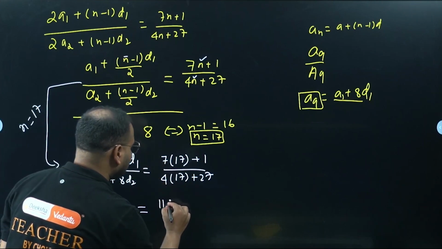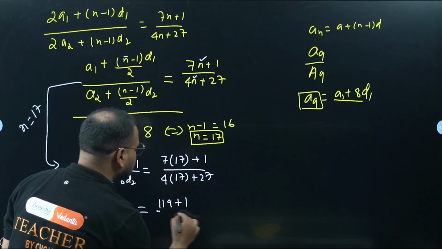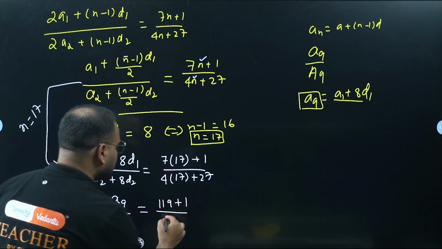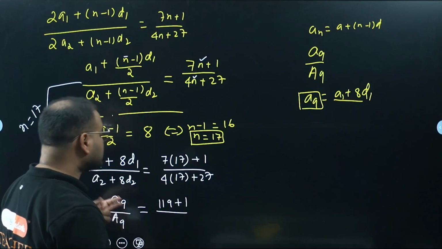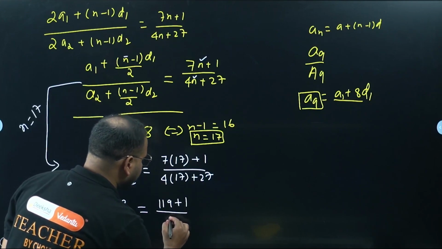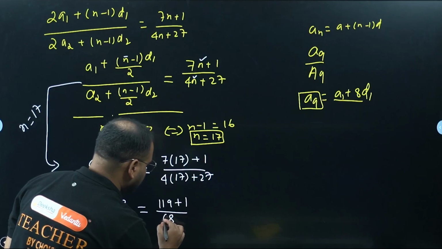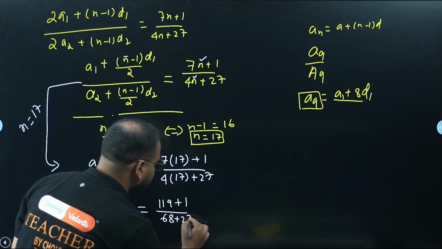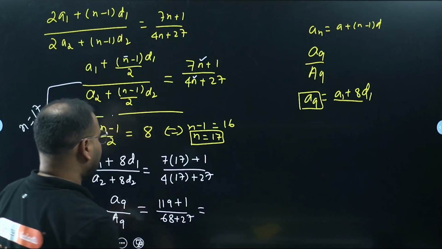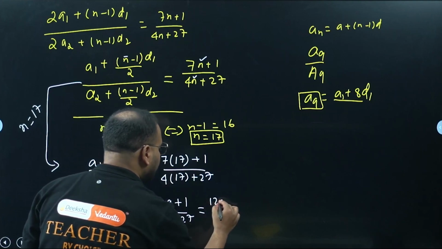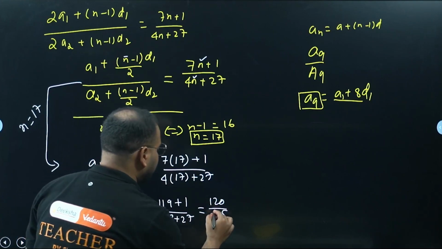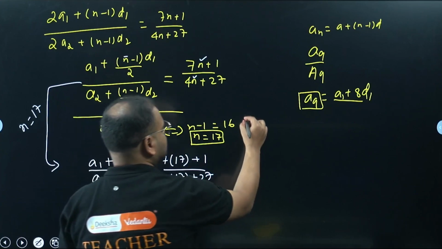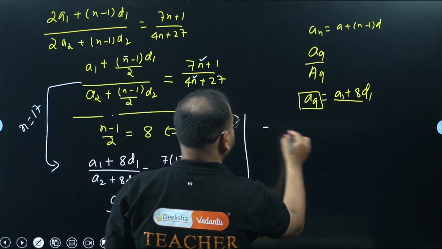So 119 plus 1. 7 fours are 28, so 8 in hand 2. 4 plus 2 is 6. So 68 plus 27. Let's simplify this. I get 120 upon 95.